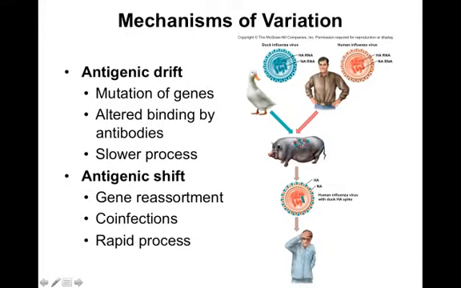Now what can happen is in my cells, one cell could potentially get infected with both versions of influenza. When this happens, some of the segments from the first virus will mix with some of the segments from the second virus. So you end up with a hybrid virus, which in this case looks like it has 7 segments from the pink virus and 1 segment from the blue virus.